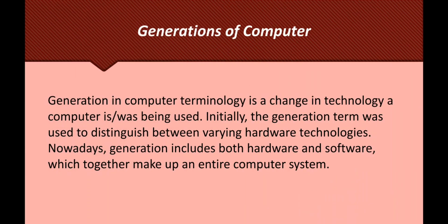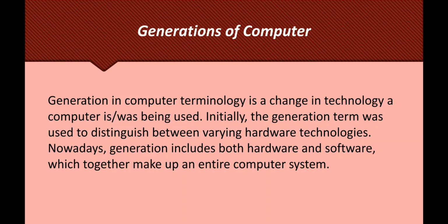So generation, in computer terminology, is a change in technology. The change in the technology, the change in the version, is known as the generation. Initially the generation term was used to distinguish between varying hardware technologies.